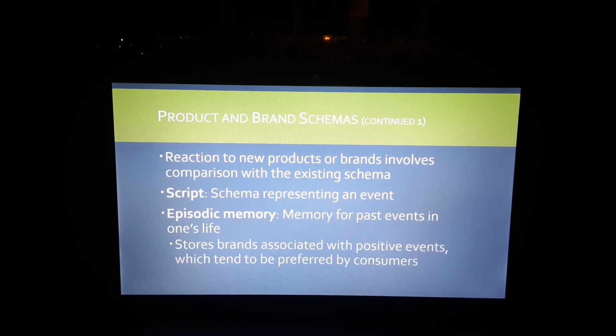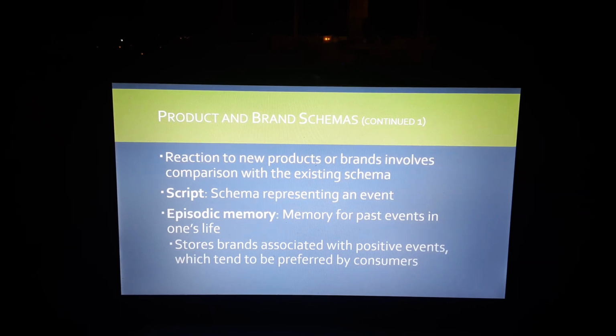So brand and product schema, again, talking a little bit more about that. Reaction to a new product involves some sort of comparison with what you already understand. So in electric cars, how does that compare to your existing idea of a car? And so you might remember the script, which is actually an actual event that occurred, say when you were in a car or driving in a car or saw a car.